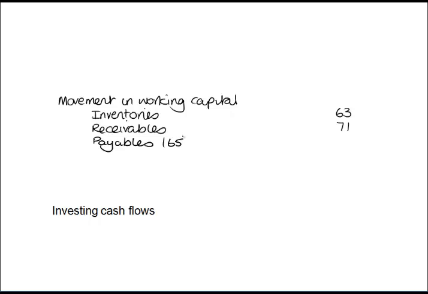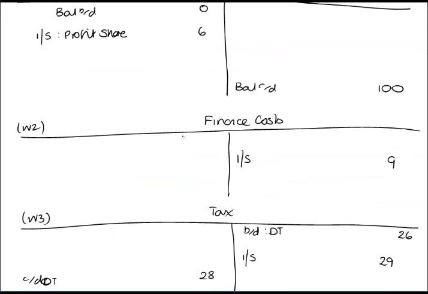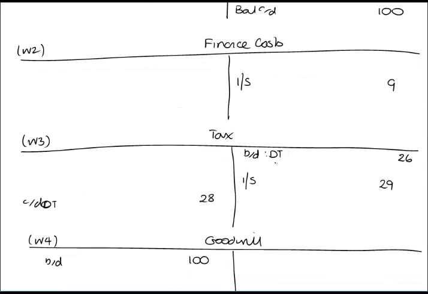So therefore, I'm going to put that in as my movement of 65. We've got current tax payable, 42 and 35. So current tax, opening balance 42, closing balance 35.